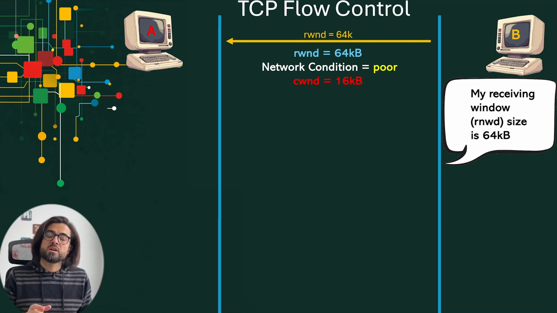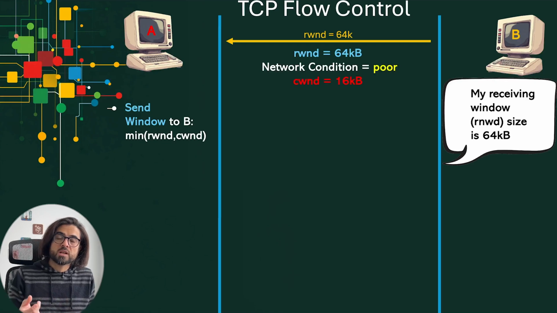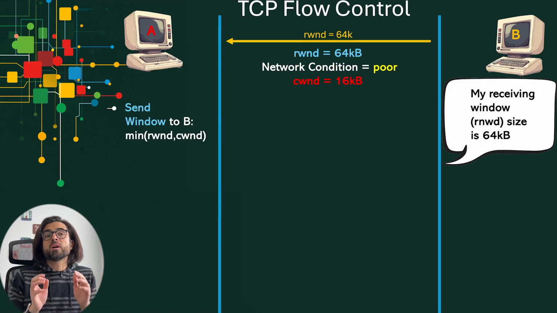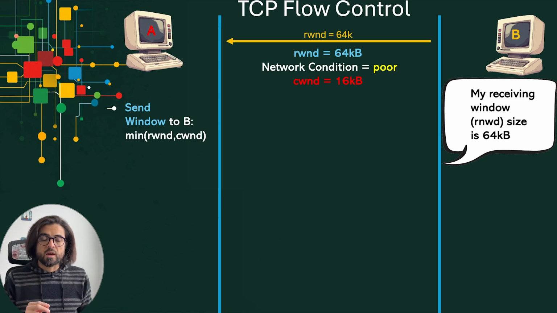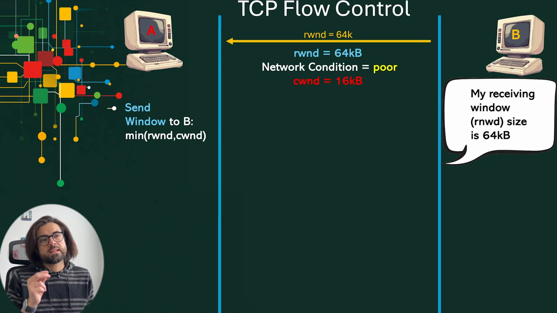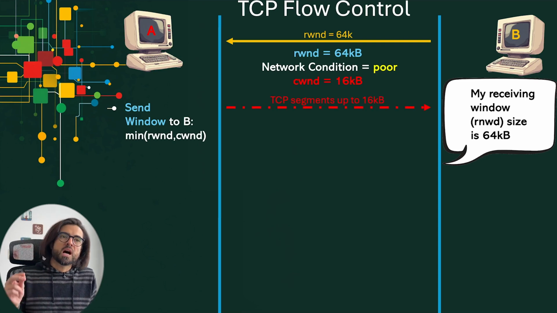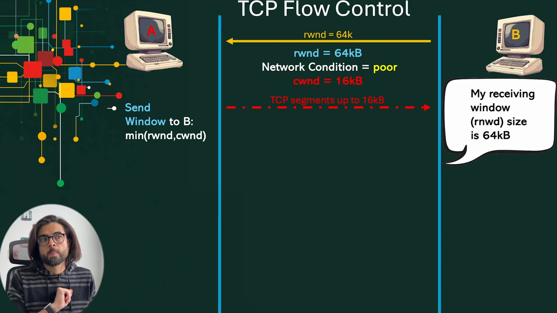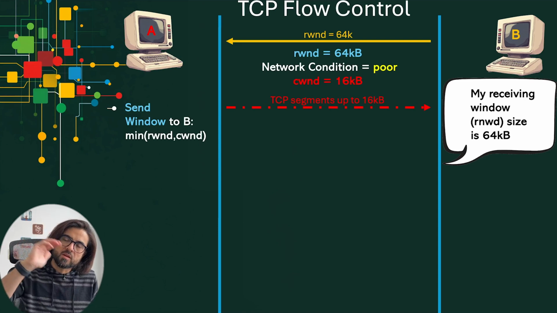The network congestion window is 16 kilobytes. So you know what? I'm going to put them into that formula. I would say the minimum of RWND and CWND. I'm going to settle for less. And then, you know what? I will send up to 16 because it's my congestion window. And it sends all of them.